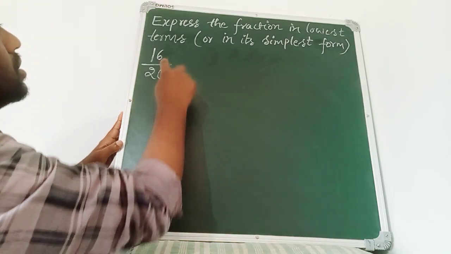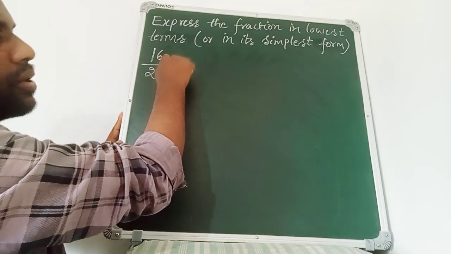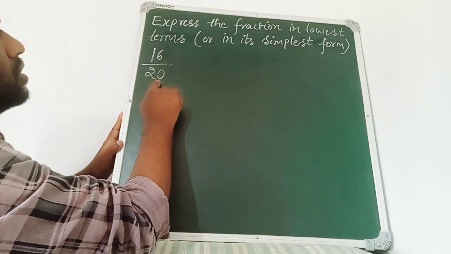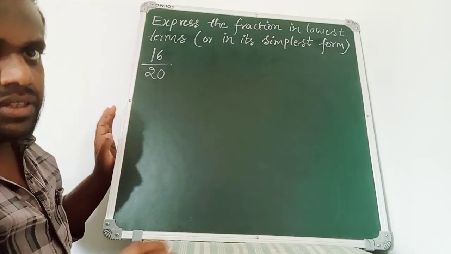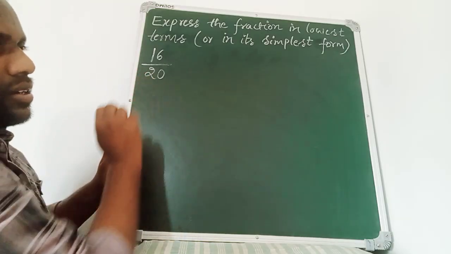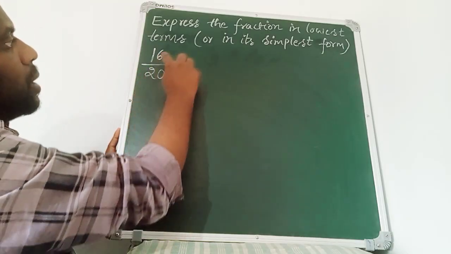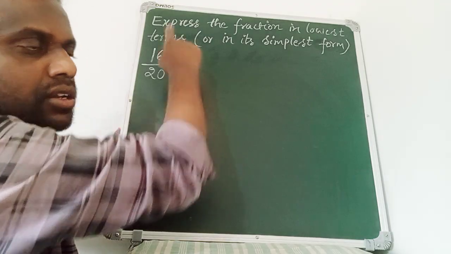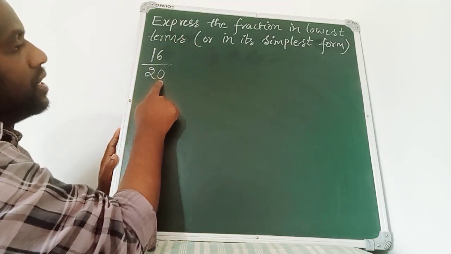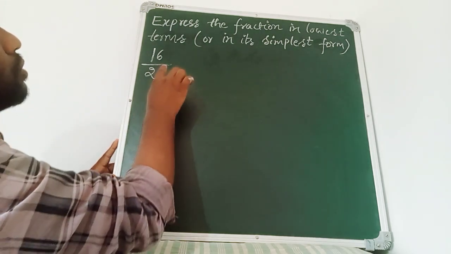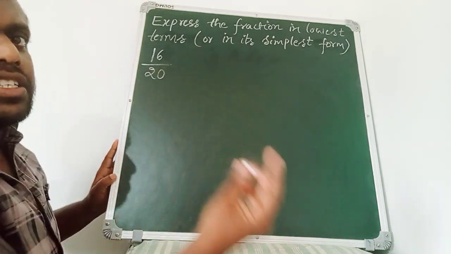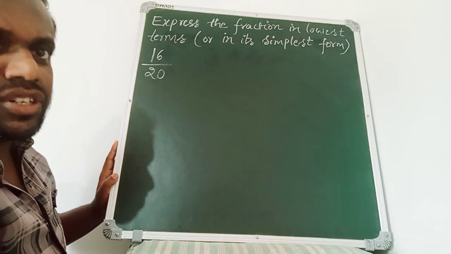The upper part is the numerator. The lower part is the denominator. 20 is the denominator, and the upper part 16 is the numerator. Now we have to express this in its simplest form or lowest terms.